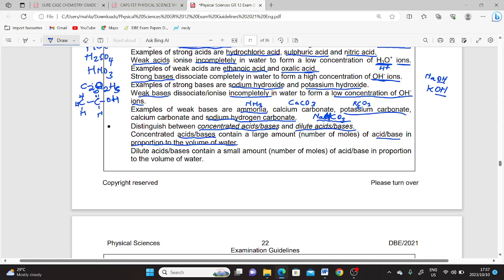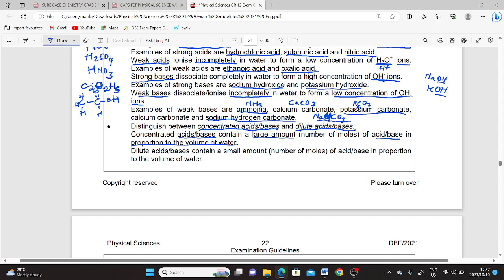So if we're talking about bases, a concentrated base contains a large amount of base in proportion to the volume of water. If it's more concentrated, there is more of that acid or base in a volume of water.